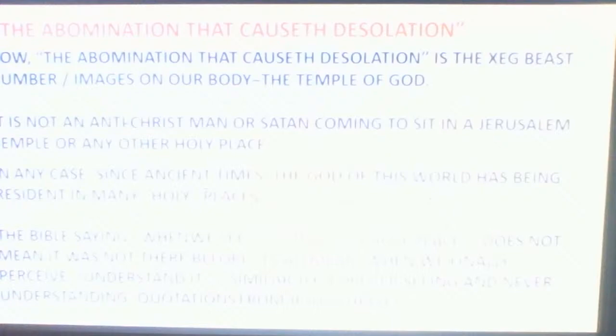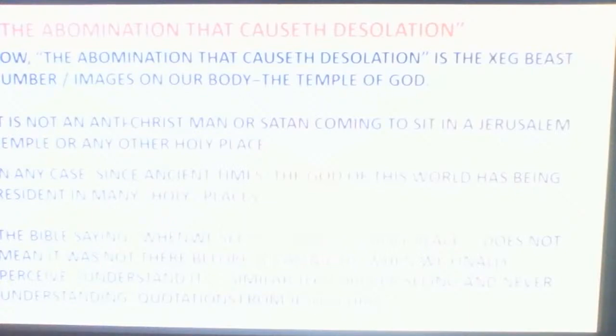The abomination that causes desolation is the SEG beast number/images on our body, which is the temple of God. It is not an antichrist man or Satan coming to sit in a Jerusalem temple or any other holy place. In any case, since ancient times, the God of this world has been resident in many holy places.